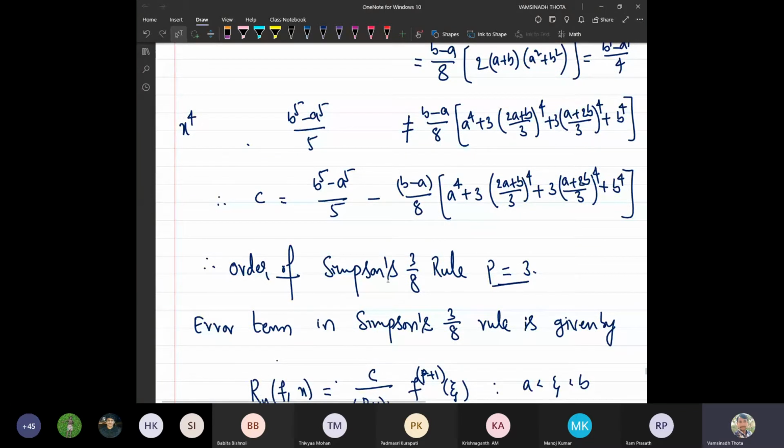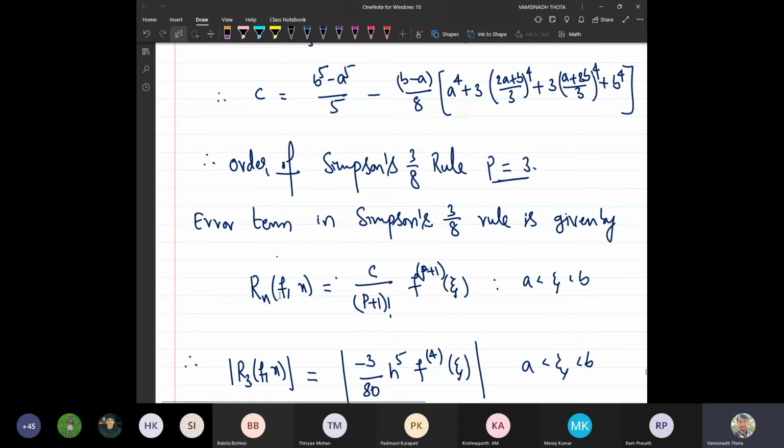So the order of Simpson's 3/8 rule is p equal to 3. Let me recall, the order of Simpson's 1/3 rule is also p equal to 3. For the 3/8 rule also, the order is the same.